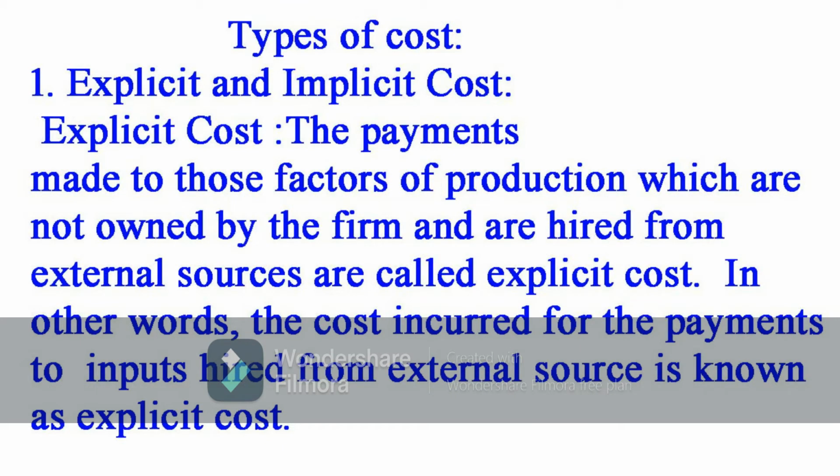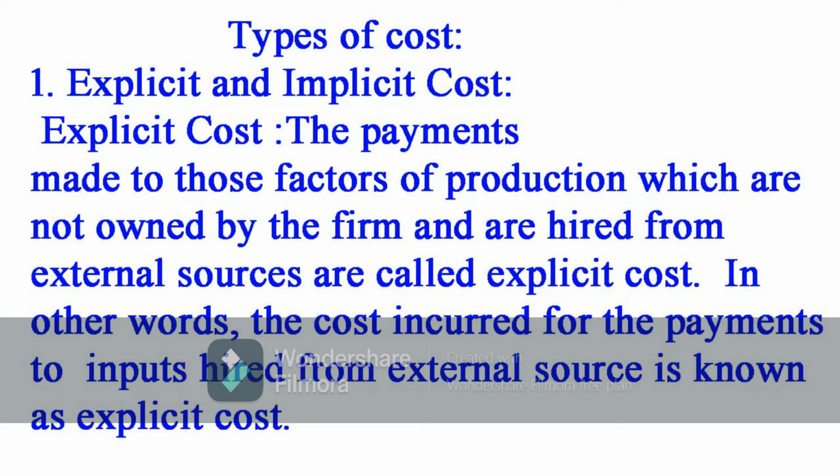Explicit and implicit cost. There are factors of production which are not owned by the entrepreneur. So these factors of production are not owned by the firm and they should be hired from external sources, for which the payments should be done.